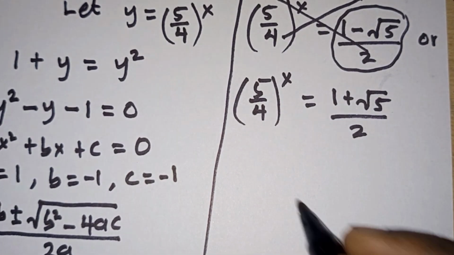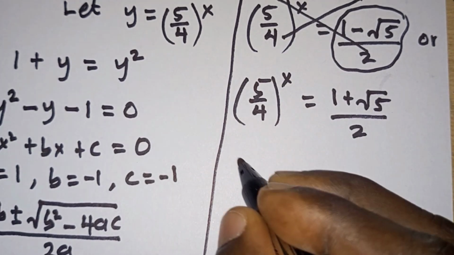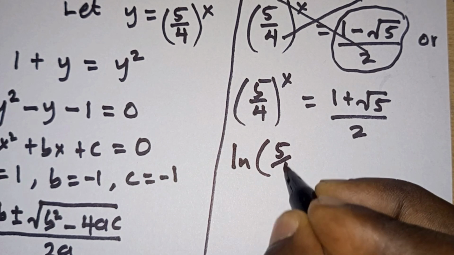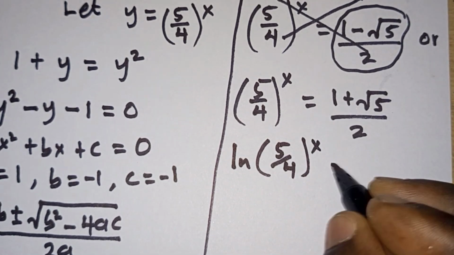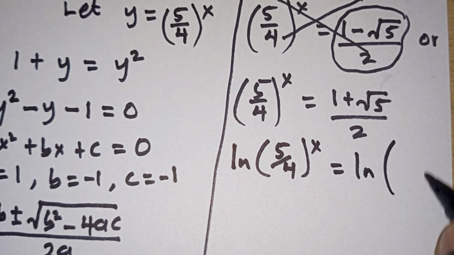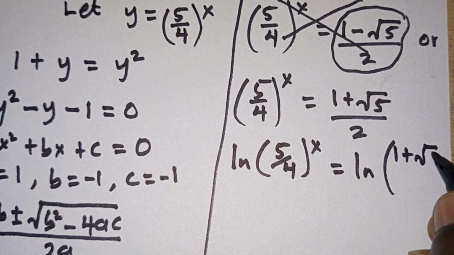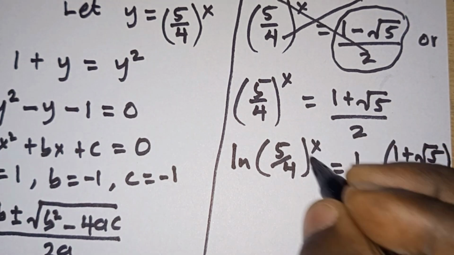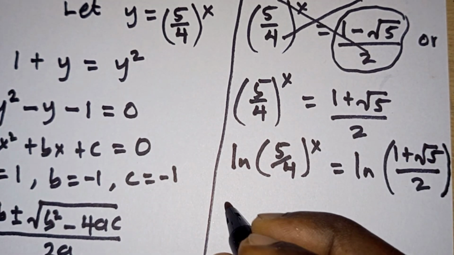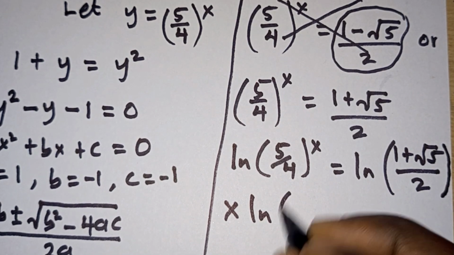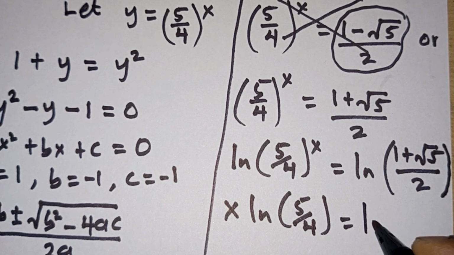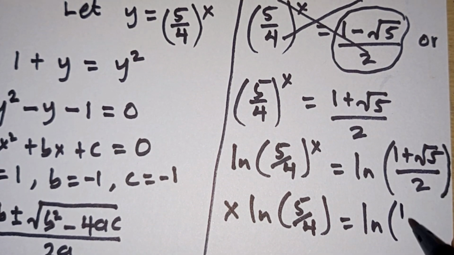From here, let's introduce natural log on each side of the equation so that we get ln of 5 divided by 4 all to the power x is equal to ln of 1 plus root 5 divided by 2. Great. Now, as always, the power now becomes the leading number. So we're going to have x ln of 5 divided by 4 is equal to ln of what is here.